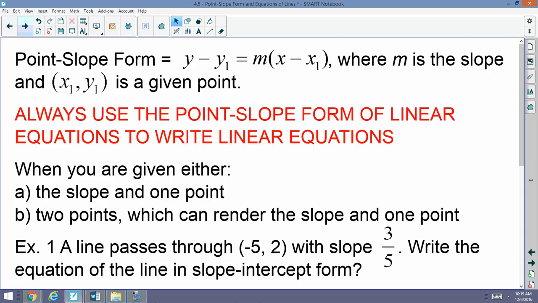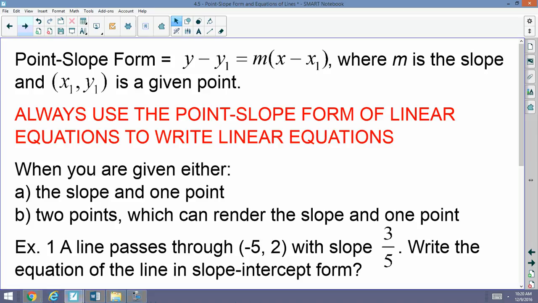The point-slope form, once again, is y minus y1 equals m times x minus x1, where m is the slope and (x1, y1) is the given point, okay? Whenever you have one of these, they're going to give you either a slope and 1 point or 2 points. And if they give you 2 points, you can find the slope and then use one of those points to plug into this formula, okay?